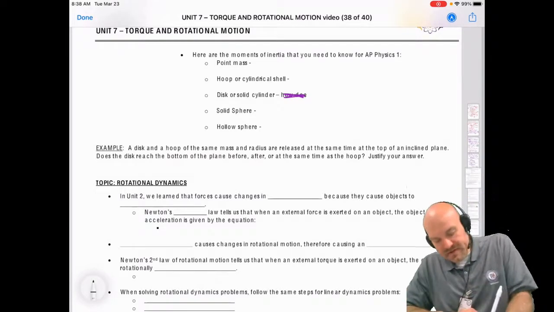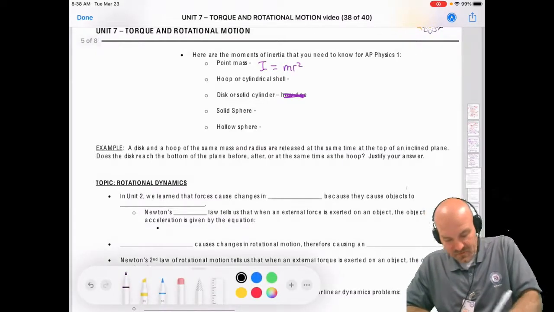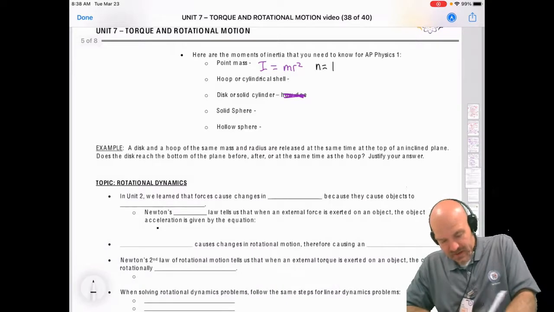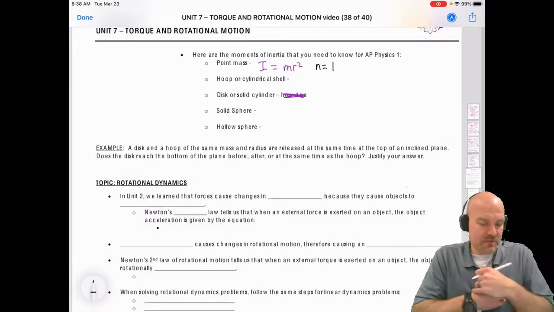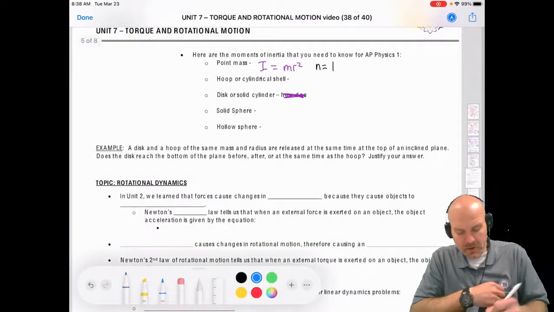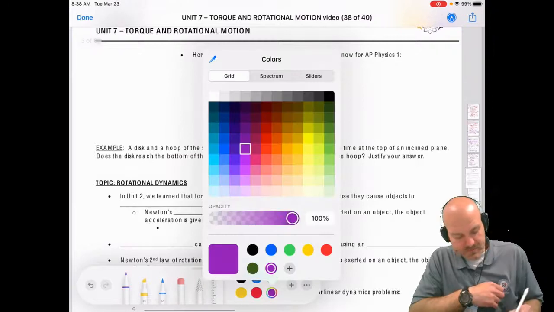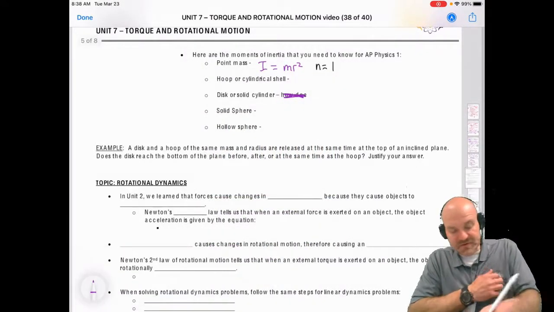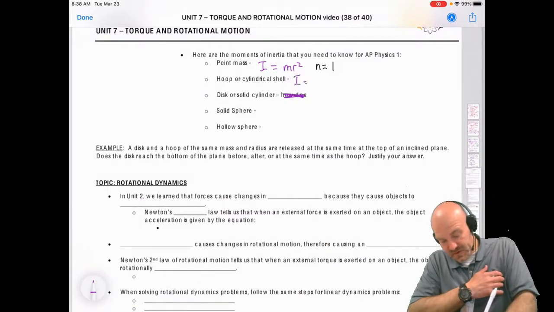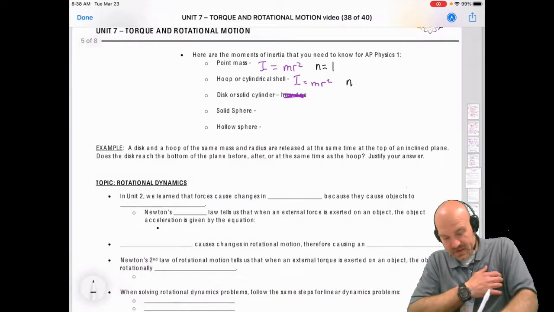For a point mass, the moment of inertia is m r squared. So for a point mass, the n value would be 1. That coefficient would be 1. With a hoop or a cylindrical shell, again, we're going to do m r squared, and again, n is equal to 1.